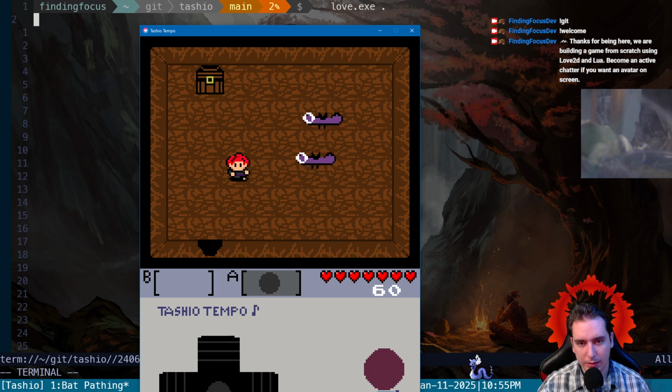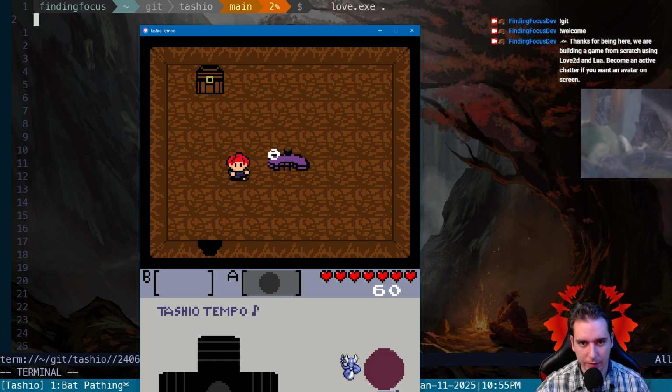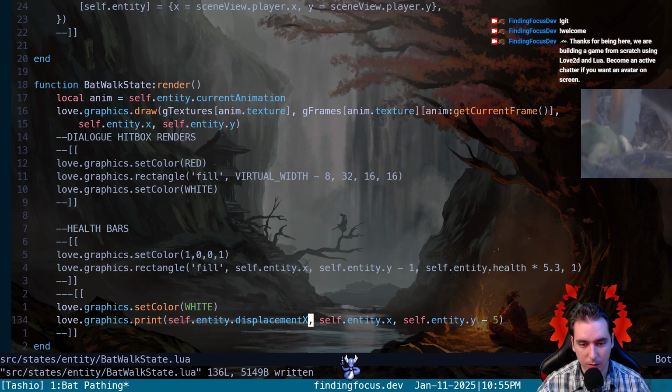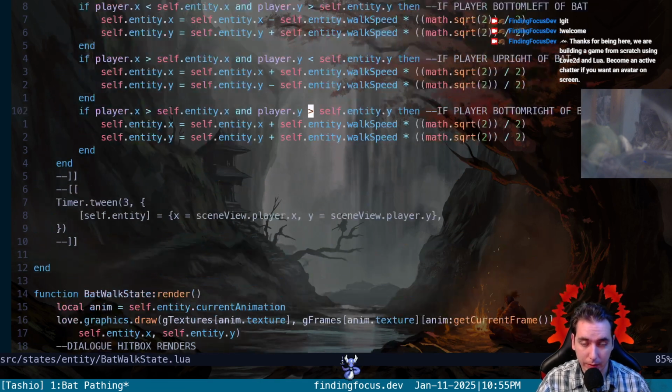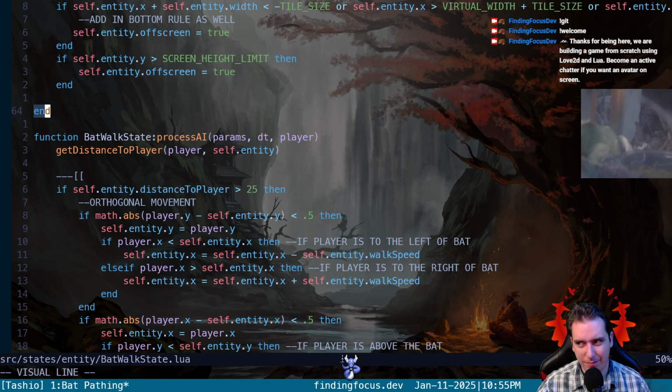Displacement X is how far wiggling displacement on the x-axis each bat gets, and hopefully we can give them different displacements. It should just vary their trajectory so they're not moving perfectly diagonal towards us, which they are right now.